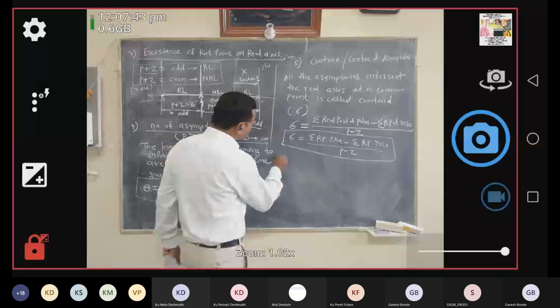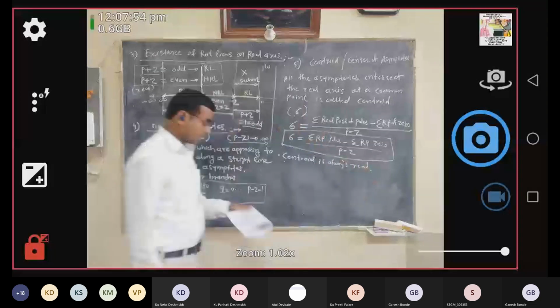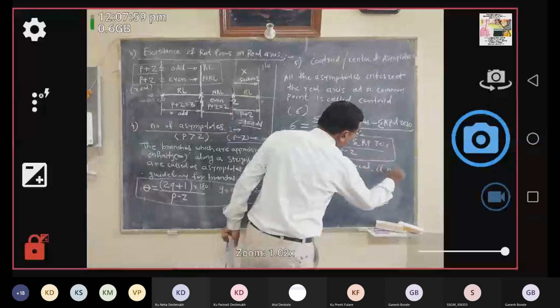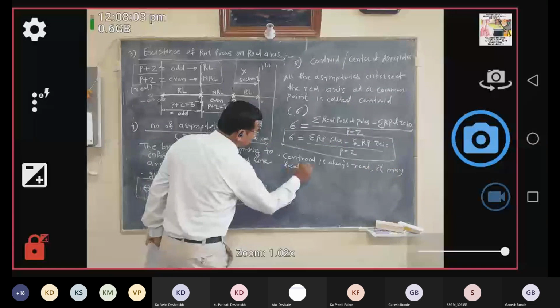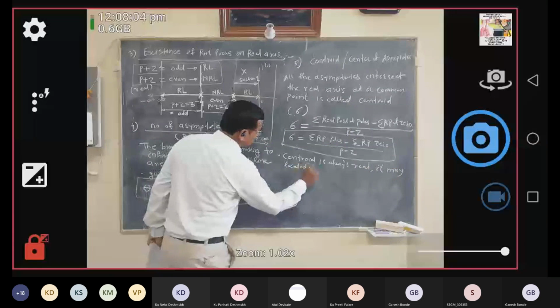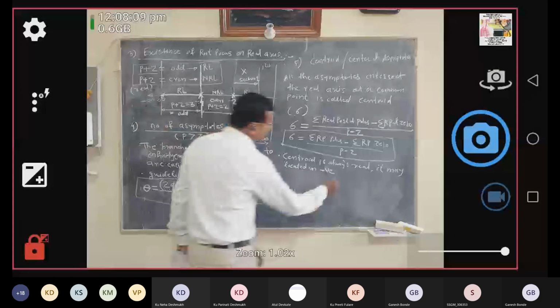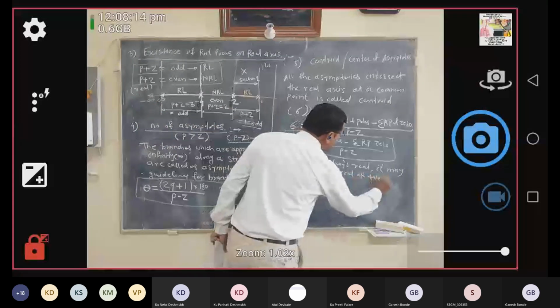Centroid is always real, and it may be located on the negative real axis or positive real axis.